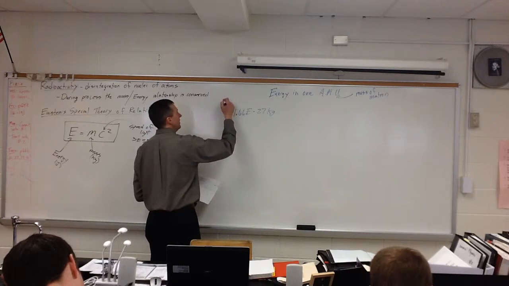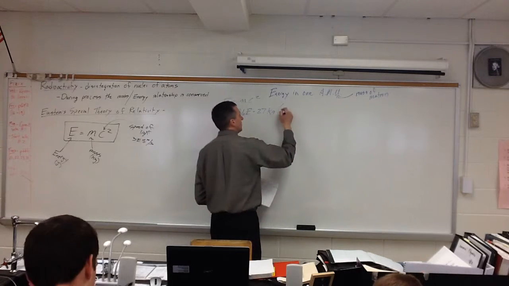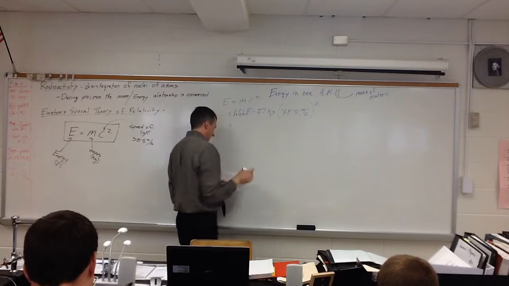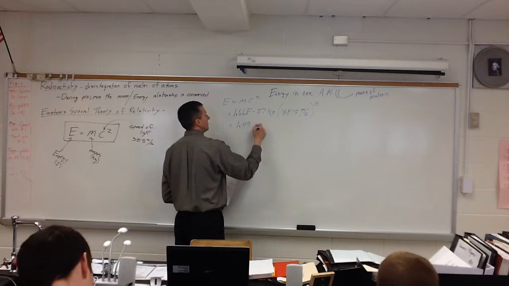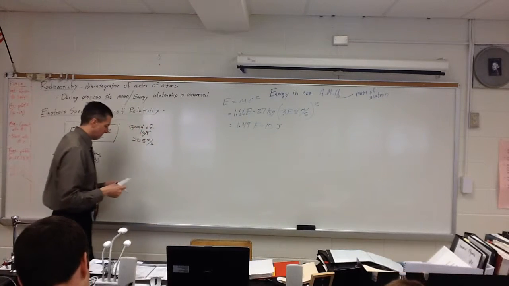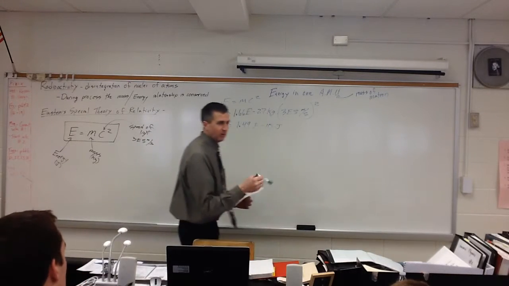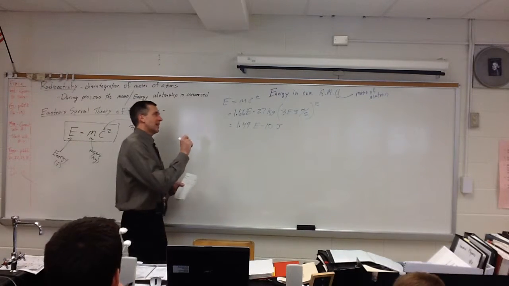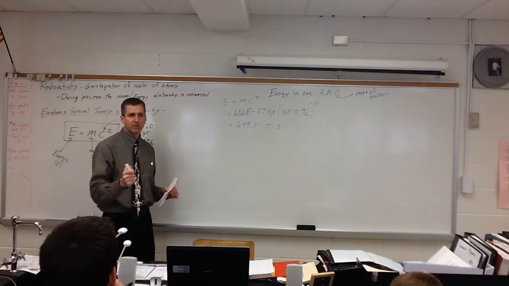If I apply my equation now, E equals mc squared, I'll take that number and multiply it by 3e8 meters per second squared, and I will get 1.49 e negative 10. That'll be in joules because it's an energy number. But a lot of times, as you noticed when we did energy level transitions the other day, we like to see things in electron volts.